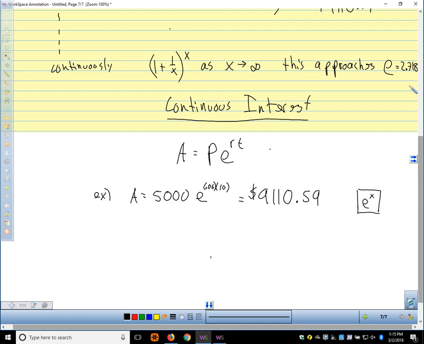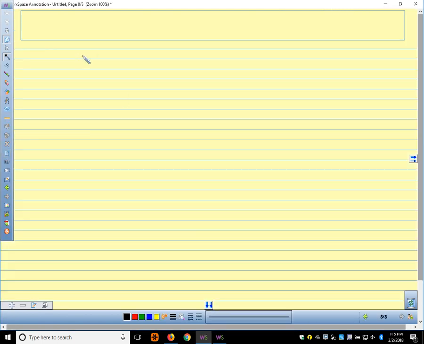Now another interesting side note. E is an irrational number like pi. E is also a transcendental number. But there's a very famous formula in math: e to the i pi plus 1 equals 0.